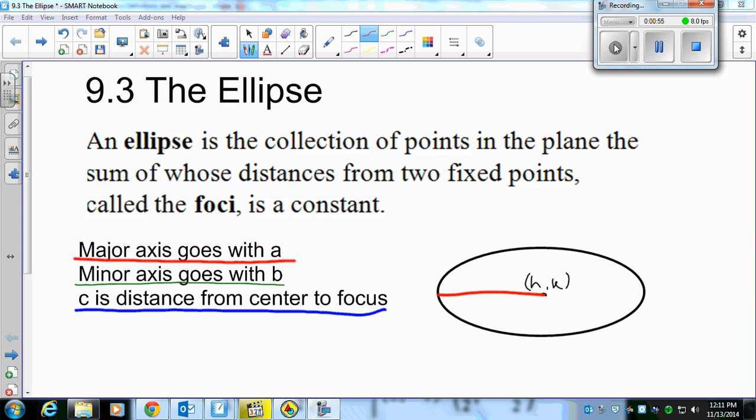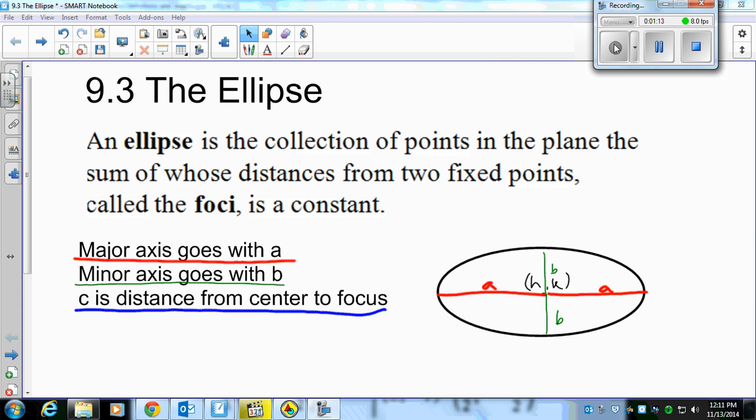So this distance is going to be A, and this distance from here to here will be A as well. Your minor axis is the shorter distance, so this is going to be our B, and this is going to be our B here.